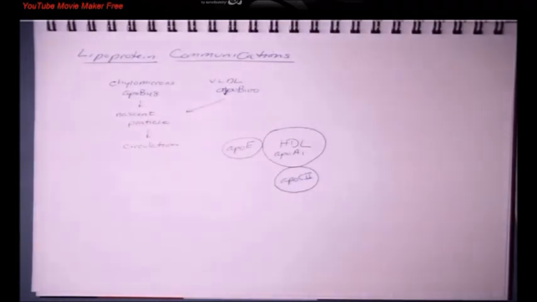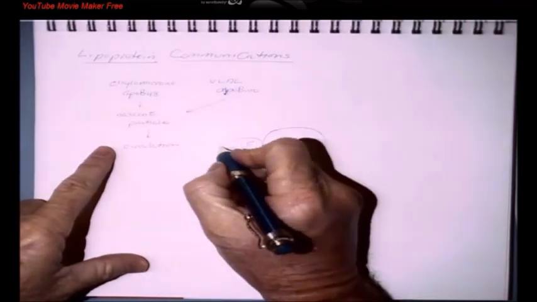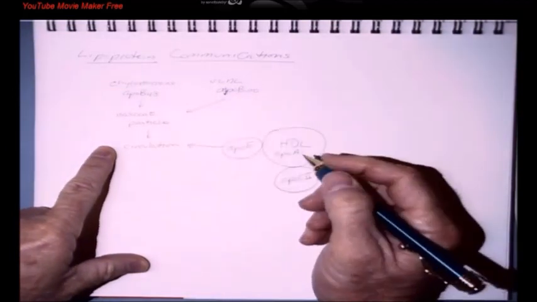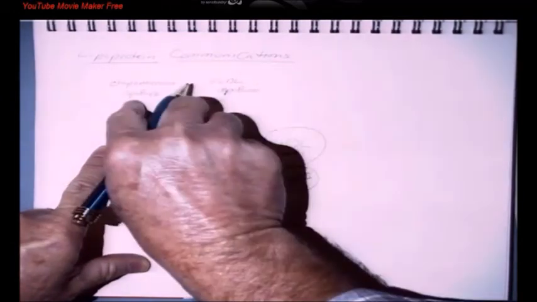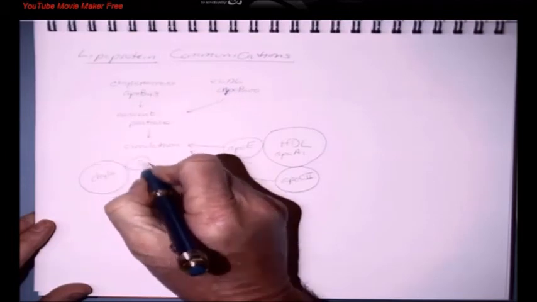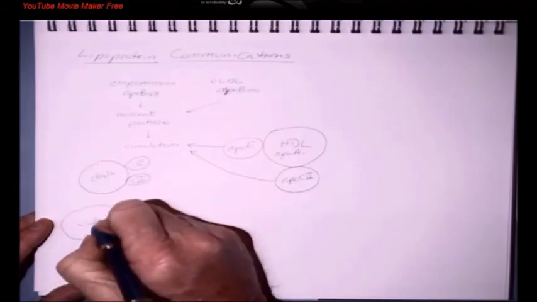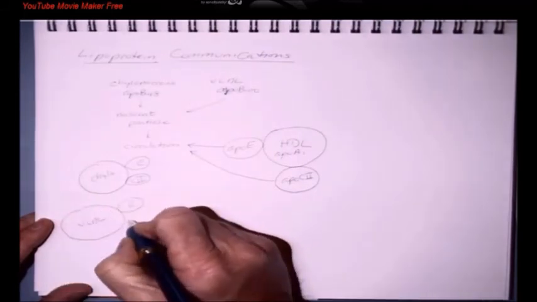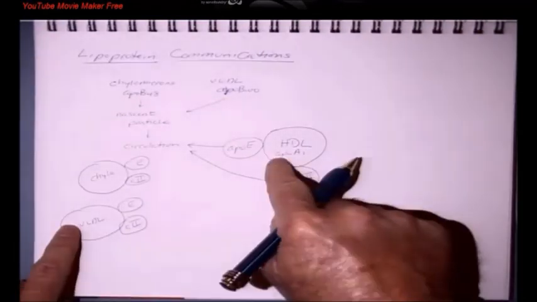And so one of the functions of HDL is to provide ApoE and ApoC2 to complete the chylomicron and VLDL particles. This only happens in the circulation as these particles are bumping into each other.